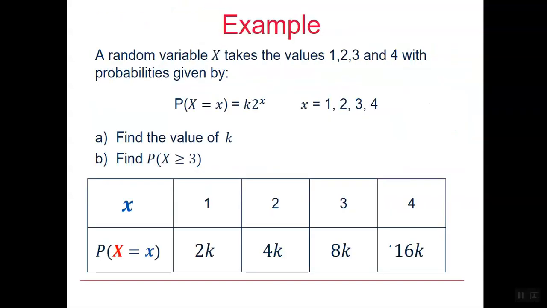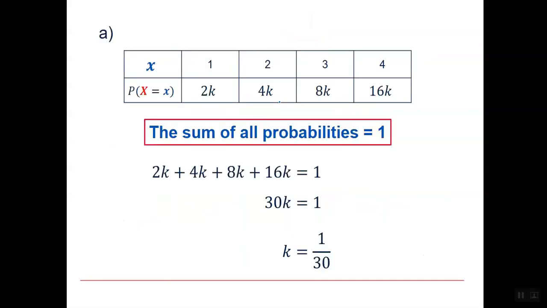So just to recap on that question again, we use a capital X for the random variable. We draw our own table here with the lowercase x representing the individual values that the random variable can take, and then we work out what the probabilities are. We know the fact that the sum of all these probabilities must be equal to 1, so we were able to use that to find the value of k.